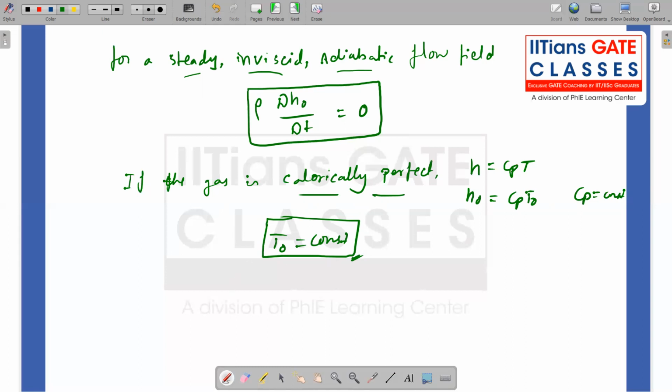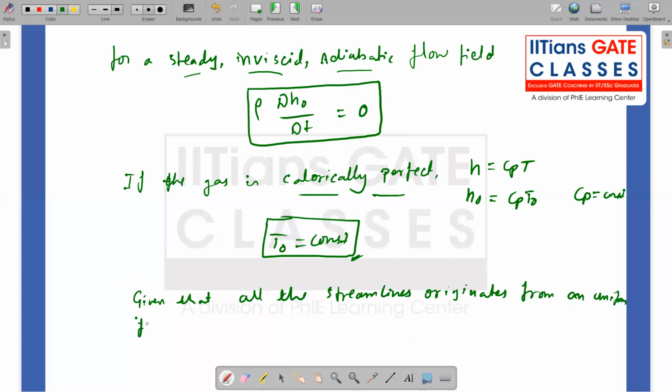My entire flow field can have the same stagnation temperature, given that all the streamlines originate from a uniform flow field. This is again a very important condition.